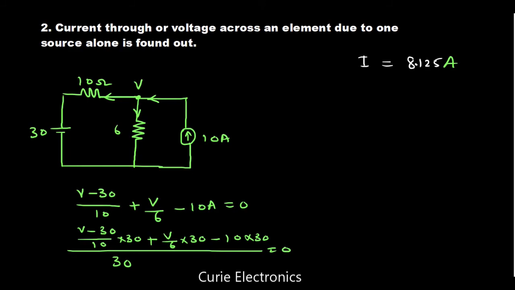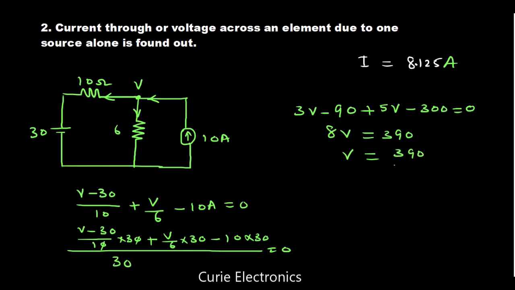Now if we simplify this, we get 3V minus 90 plus 5V minus 300 equal to 0. So 8V equals 390. So voltage V is 390 upon 8, which comes to 48.75 volt.